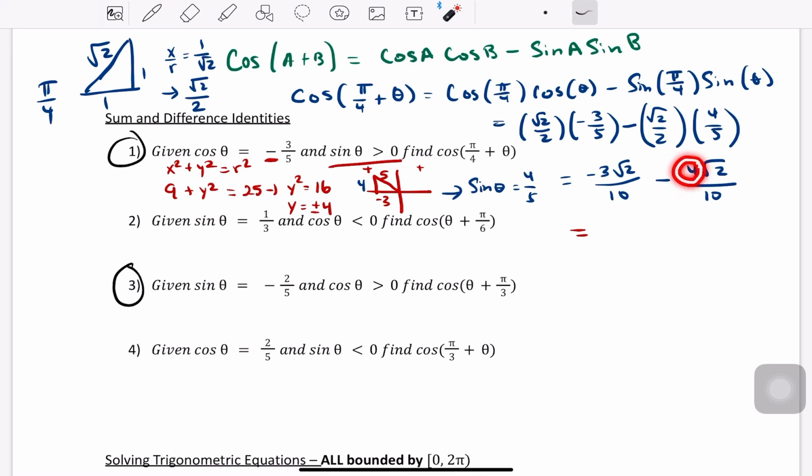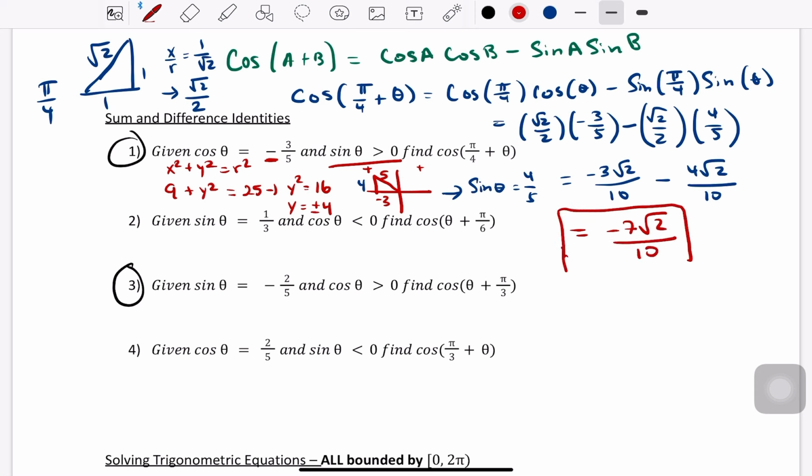Had this 4 been negative, you would have had a negative times negative situation here, and that would have become positive. So please be careful with the sign. So here, if we add them together, it's negative 7 radical 2 over 10. And at this point, you hopefully can realize that there is nothing else to simplify. And we move on. So we're done with number 1.